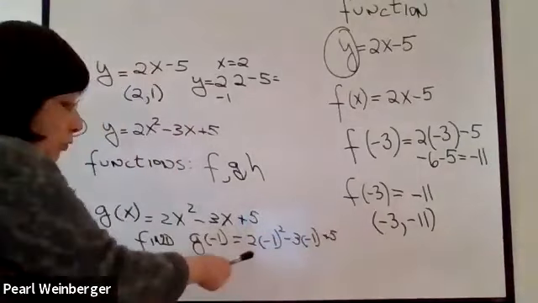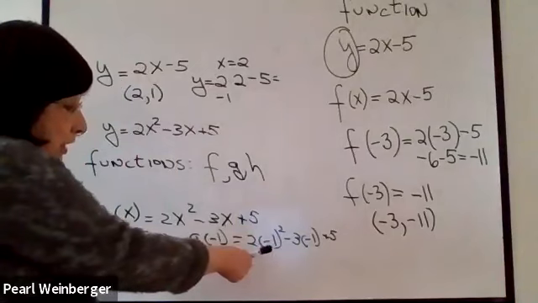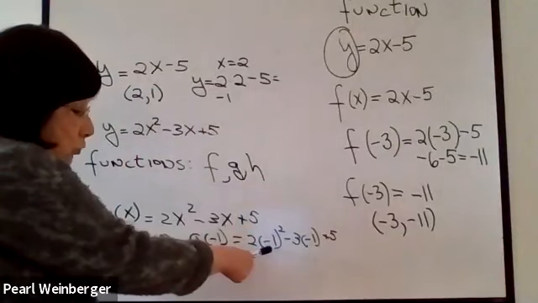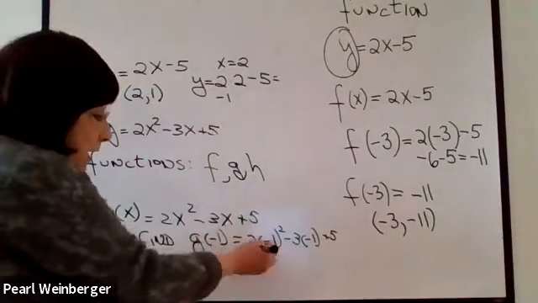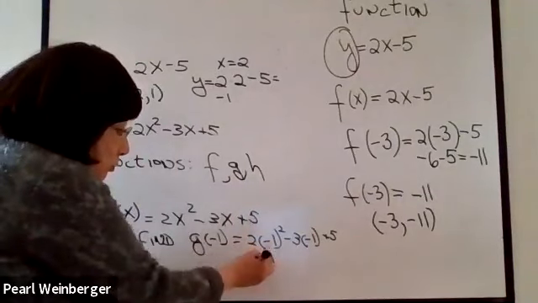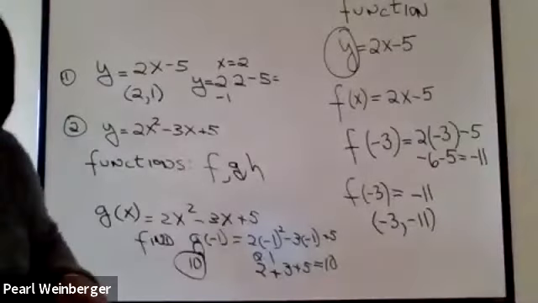If I work it out, -1 squared is +1. So this is 2 times 1. The answer would be 10. 10 is what g of -1 is.